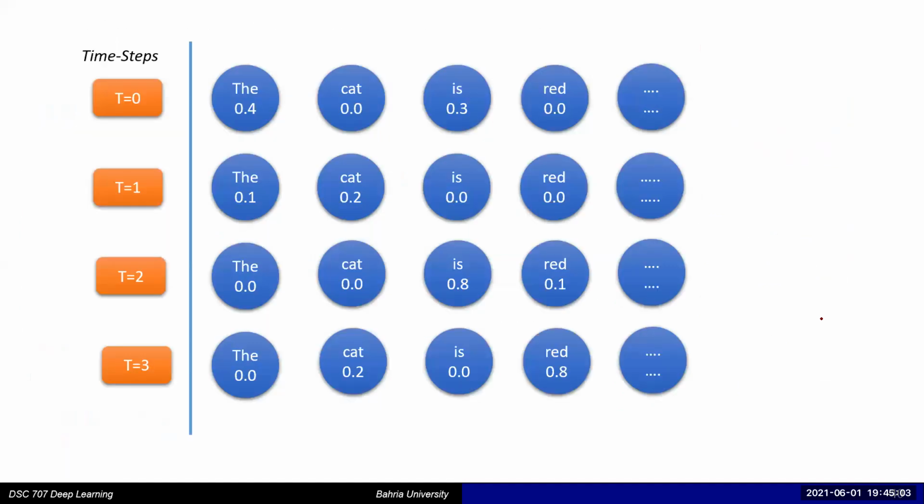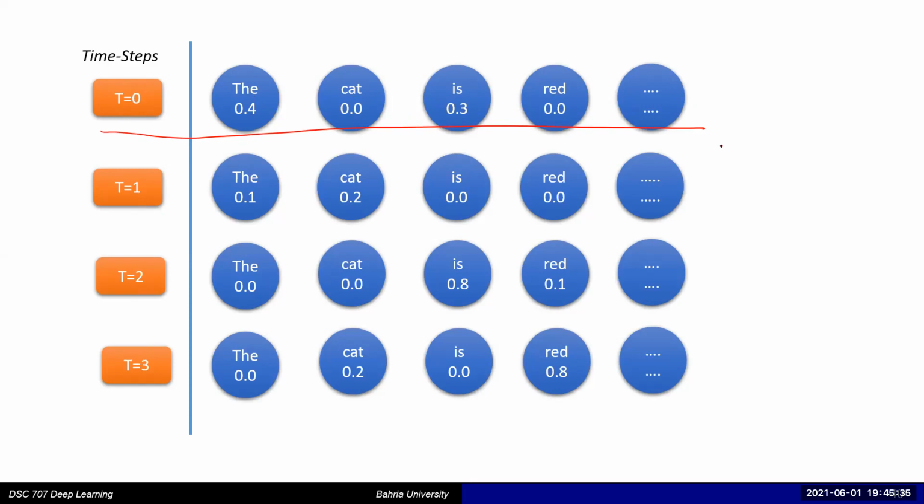Now, if you want to see how we are computing probabilities, there's a simple way. I'm showing you by this illustration, where on this axis we have time. It means we are predicting a sentence with 4 words. At every time step we have probabilities. For example, for the first word, which is this first row, what is the probability that it was "the"? 0.4. "cat" is 0.3, "red" is 0, and so on.